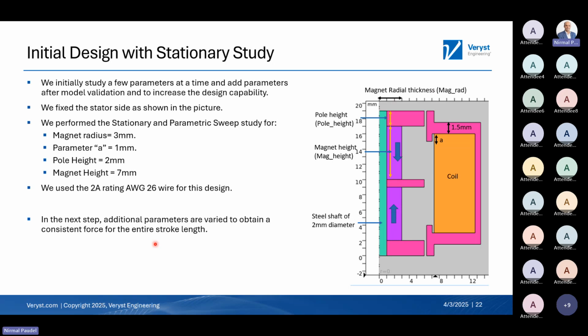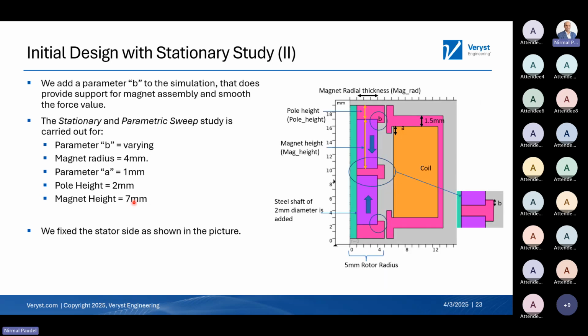We did a bunch of parametric sweeps to see how the force changes for each of them, and found that these three, 1, 2, and 7 millimeter values seem to be the best combination so far. On the next step of the design, earlier we didn't have this notch here, so we introduced additional teeth here so that it can hold the magnet in place, which makes it easier for manufacturing and also helps the structural integrity.